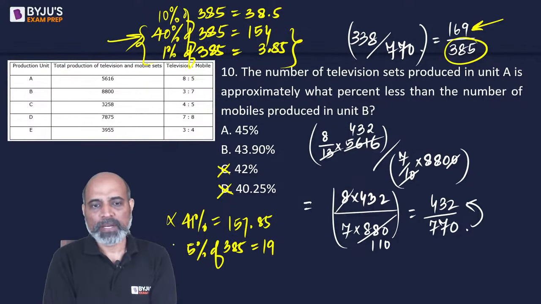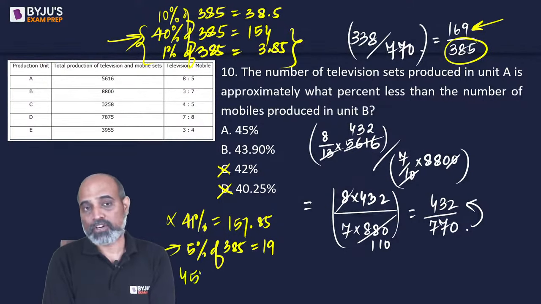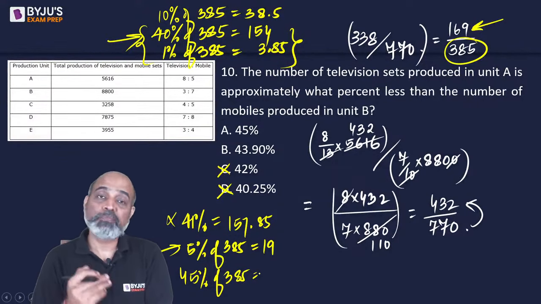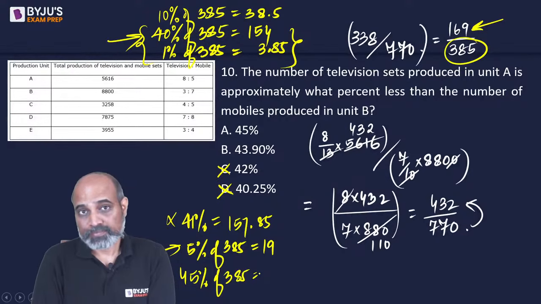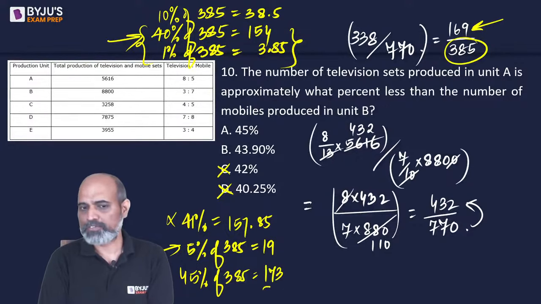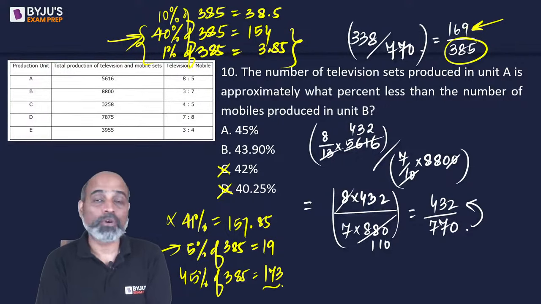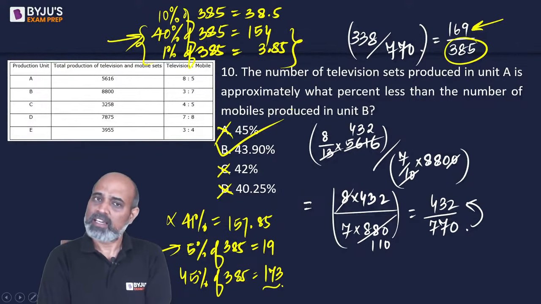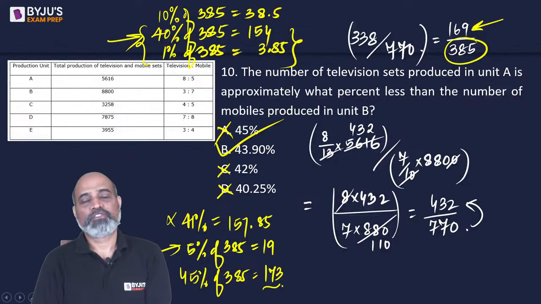Now if I add these two, I get 45% of 385 is equal to 154 plus 19. 154 plus 10 is 164, plus another 10 is 174, but we only had to add 19, so this will be around 173, 174. This is way more than I expected. So 45% is also not going to be the answer. Only one option is left, which is 43.9.